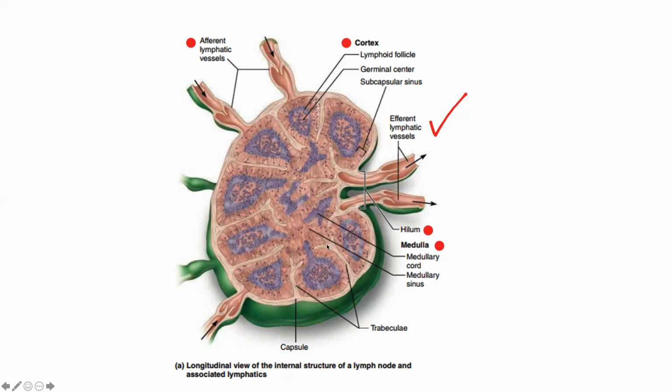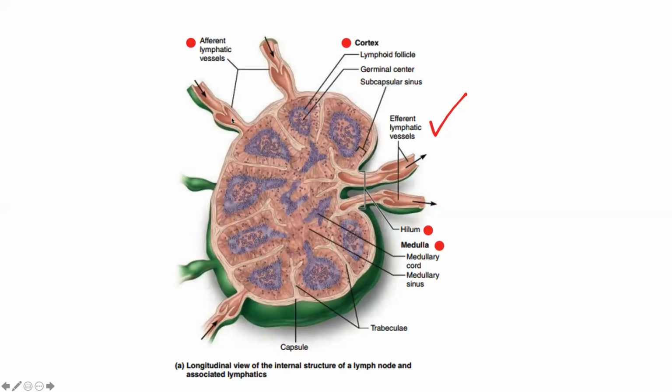And the cortex here is made of lymphoid follicles and germinal centers. Finally, the lymphatics will be sieved from the cortex and enter into the medulla, where we can find medullary cords and medullary sinuses.